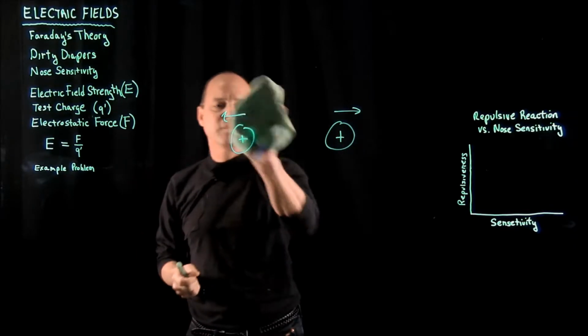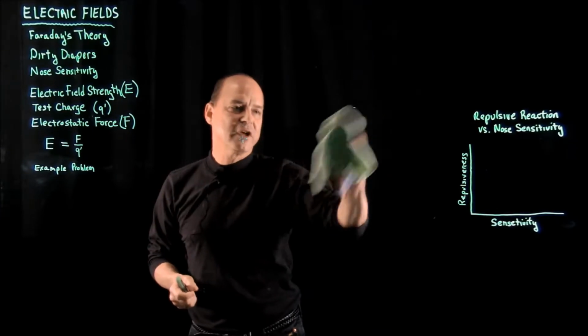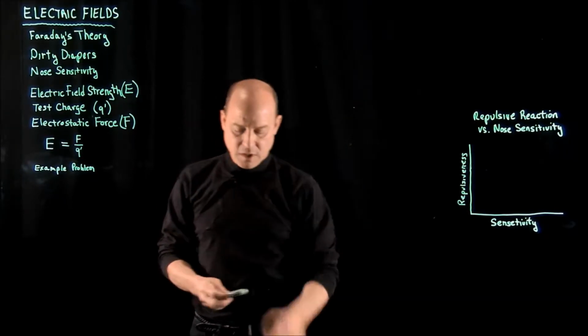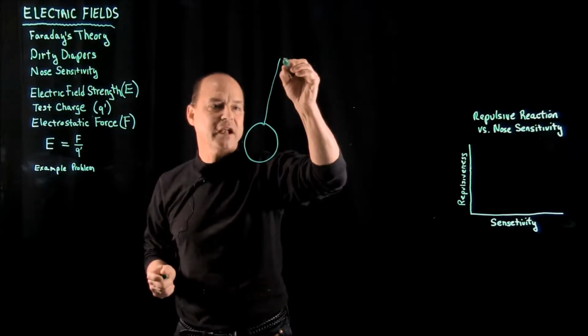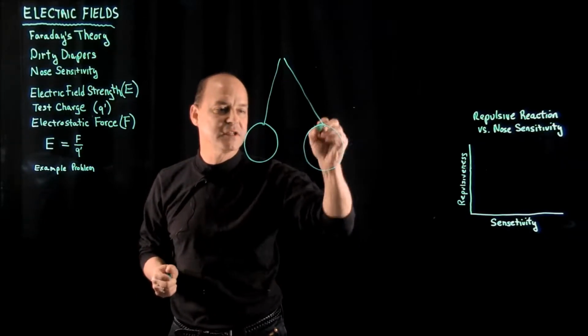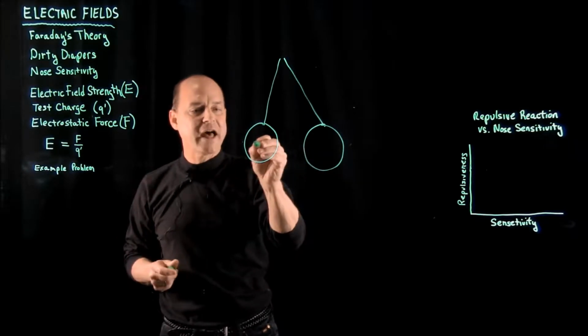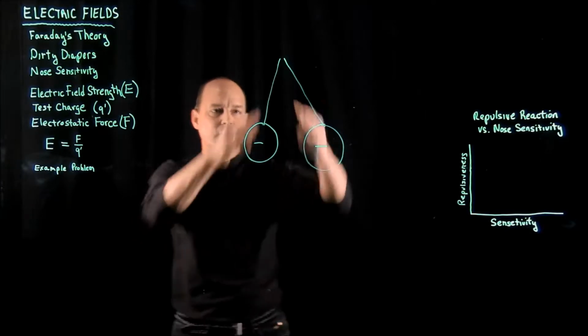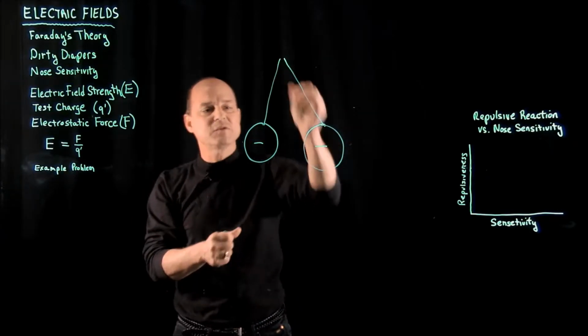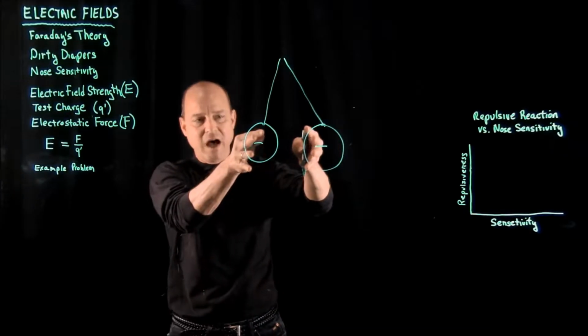Let me give you another example, and this one I actually demonstrated in the classroom. I had a balloon suspended from the ceiling, and another balloon suspended from the ceiling, and I had rubbed both of them on my hair, so they would have a negative charge. The balloons, although they were hanging from the same spot, didn't come into contact with each other.